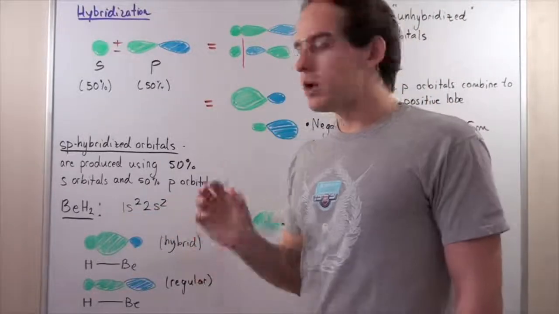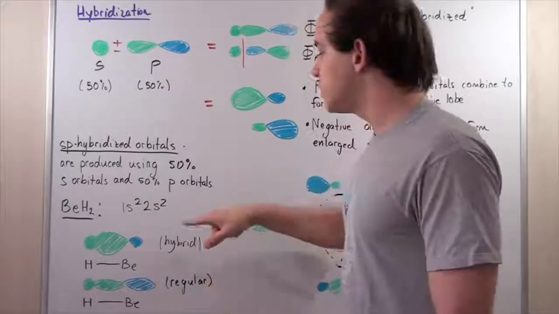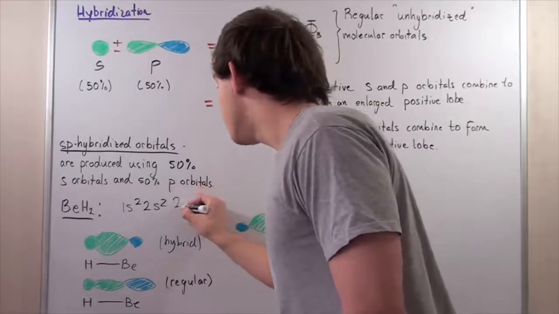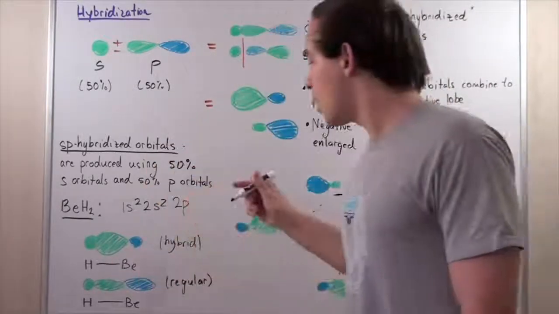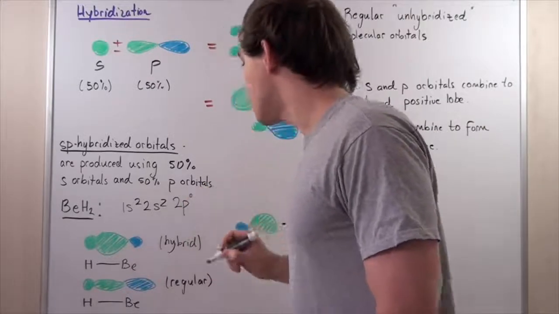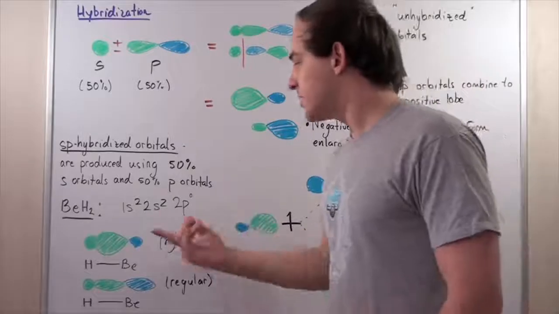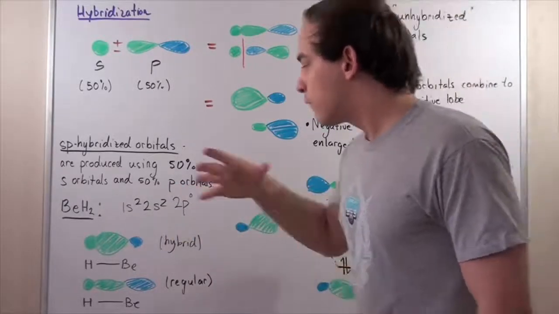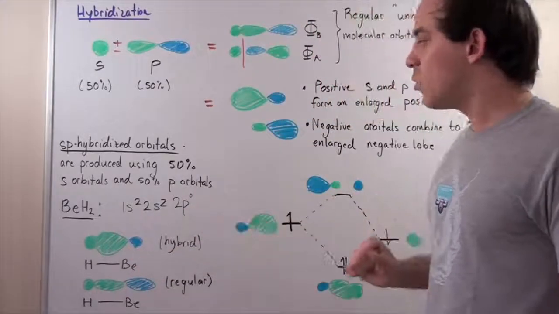We have 2 electrons that go into our 1s, and we have 2 electrons that go into the 2s. Now, we also have the 2p orbitals, but since we have no more electrons, there are 0 electrons in the 2p orbital. So we can either represent it this way, or we can simply remove the 2p. For my purposes, I'm going to leave it in this way, and we'll see why.